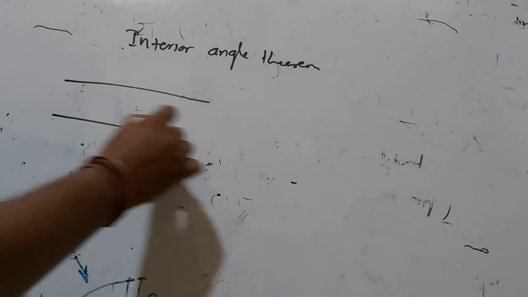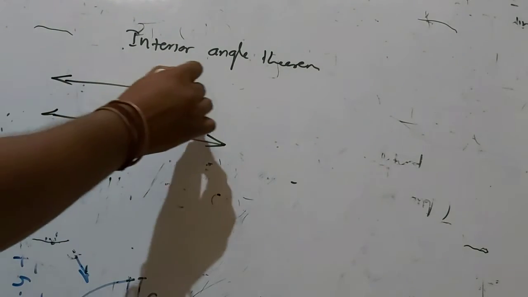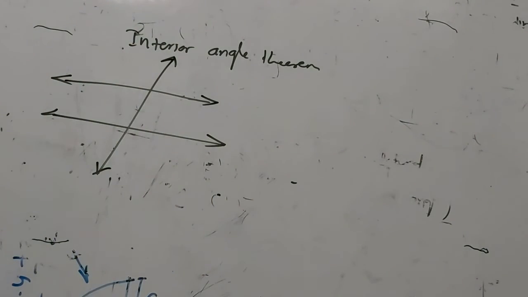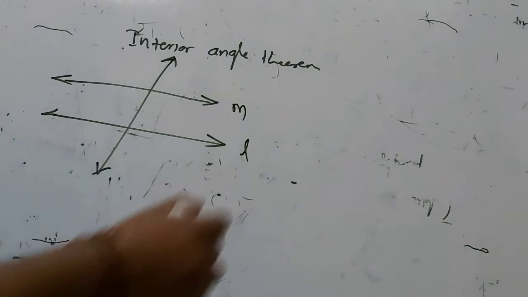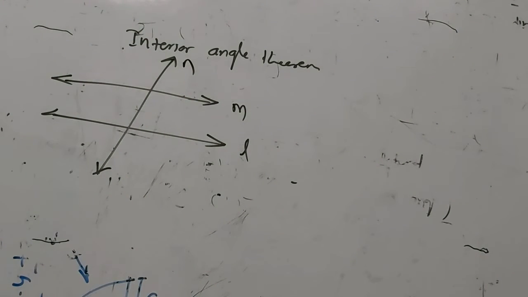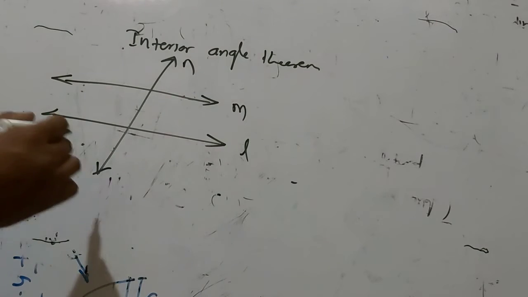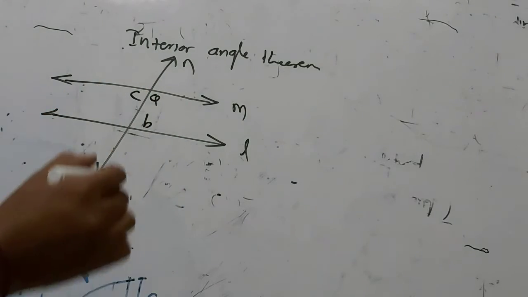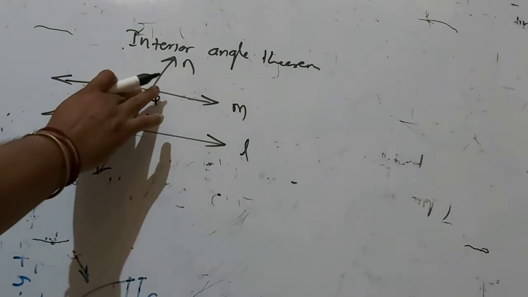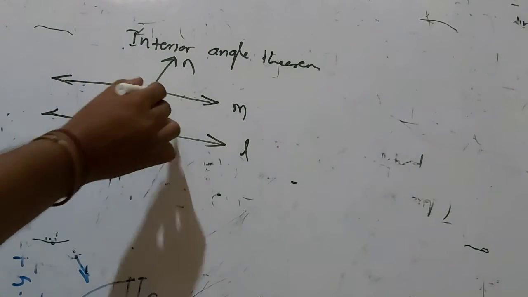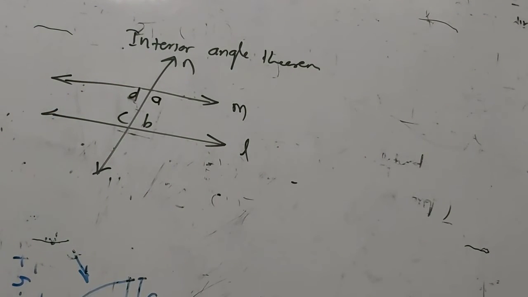These are the two parallel lines, M and L, intersected by a transversal, line L, intersecting at two distinct points, with angles A and B, C and D. These are the angles found by the transversal.